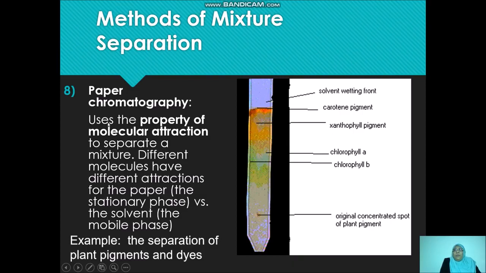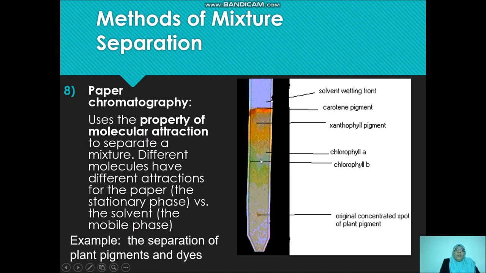Paper chromatography uses the property of molecular attraction to separate a mixture. Different molecules have different attraction for the paper: the stationary phase versus the solvent, the mobile phase. For example, the separation of plant pigments and dyes, like this.